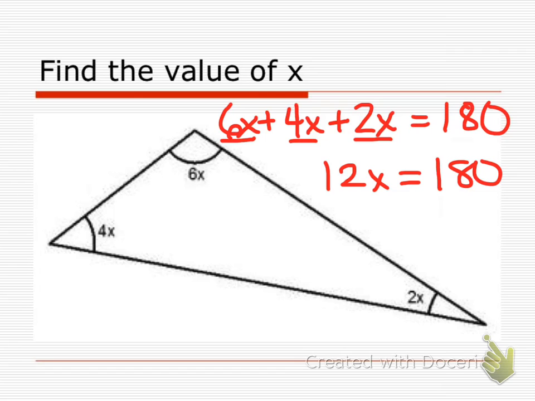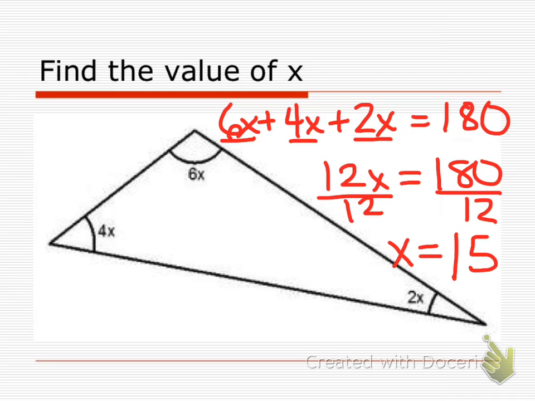And to solve this equation, divide both sides by 12, and we'll find x is equal to 15. Now in this case, we don't give it the degree symbol because x is the variable that would have to be multiplied by 4 or by 6 or by 2 to find the actual degrees. So you don't need to put a degree symbol on that.